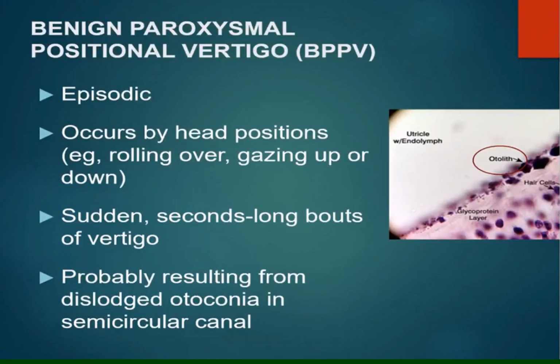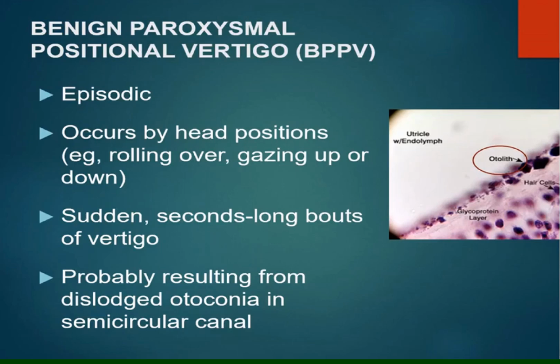So in terms of benign positional vertigo, it most often presents as episodic. It'll occur with change in head position. So if somebody's in bed rolling over, or if they gaze up at the sky or look down, those can all be precipitating moments. They can be sudden, generally seconds-long bouts of vertigo.